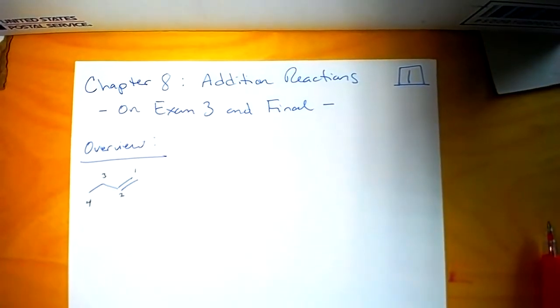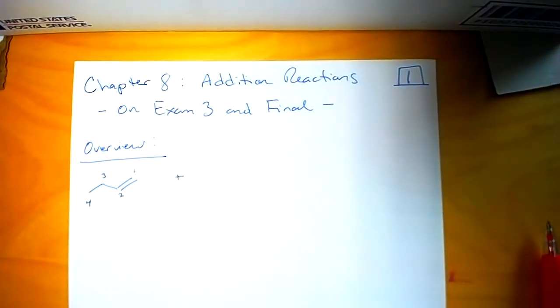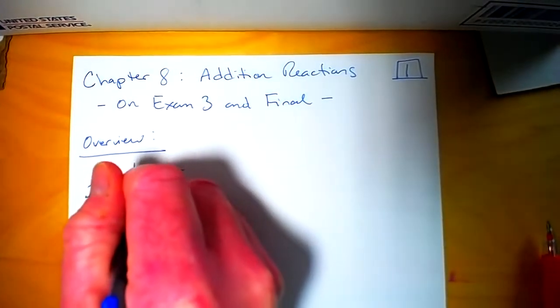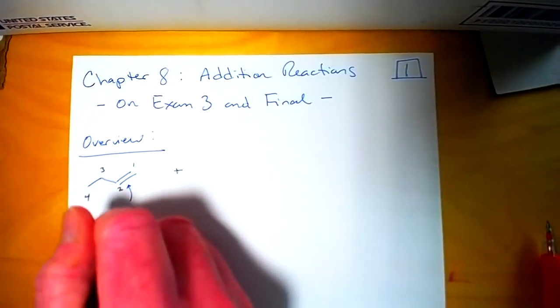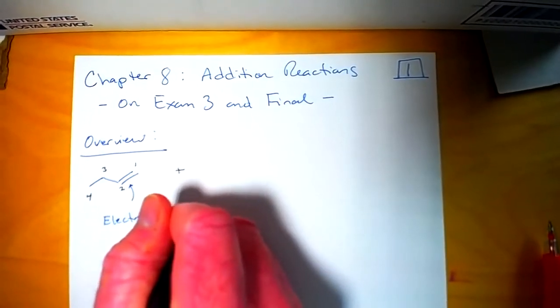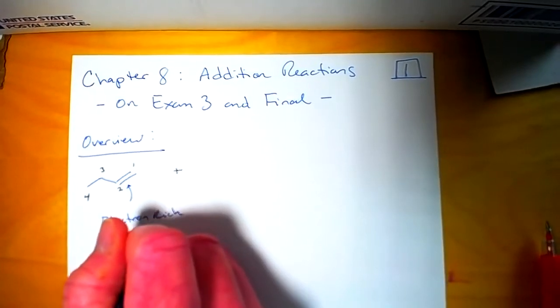This is very important going forward, particularly in the next course, because you don't want to lose or gain any extra carbons. Now, one of the things we can say about this system is this pi bond here is considered to be electron rich. So that means it has excess electron density and is somewhat reactive.